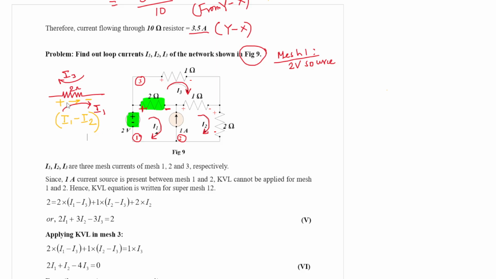Because we have assumed the left hand side is positive and the right hand side negative, the net current should flow from higher potential to lower potential. I1 is flowing from left to right, I3 is flowing from right to left, so the net current is I1 minus I3 through this 2 ohm resistor. The potential drop across the 2 ohm resistor is 2 into I1 minus I3.